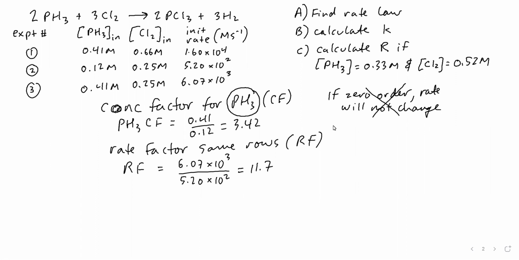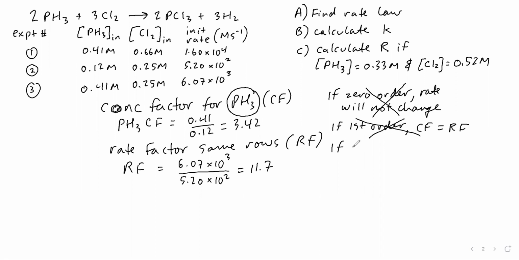Then we ask ourselves, if first order, the concentration factor will equal the rate factor. In other words, our concentration factor is 3.42, and if it were first order, the rate factor would be 3.42. Since that's not true, it's not first order either.